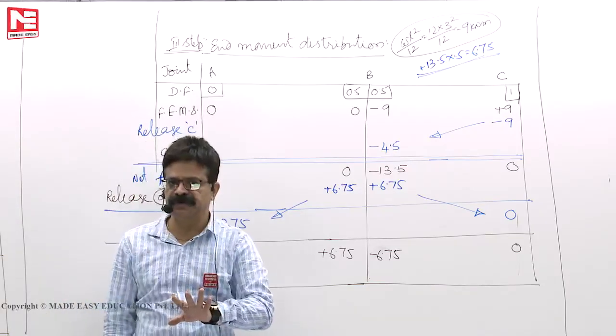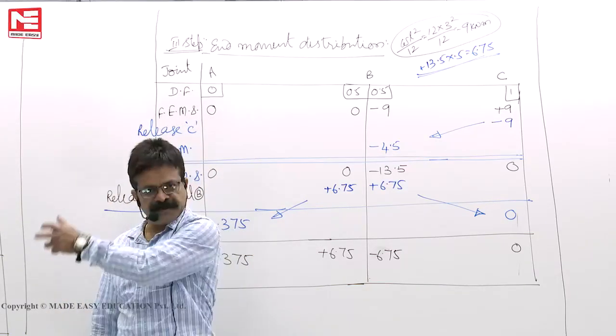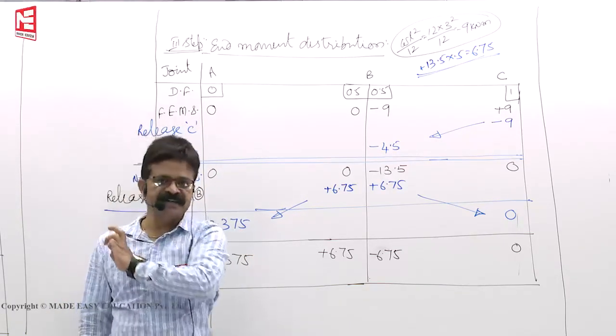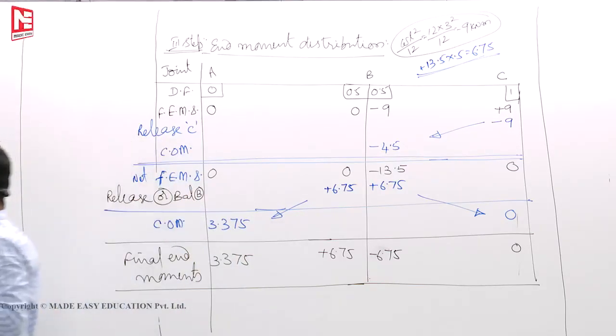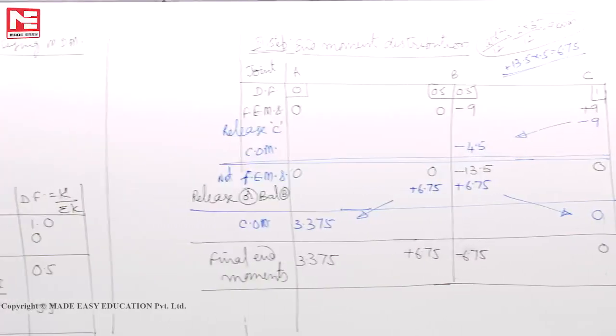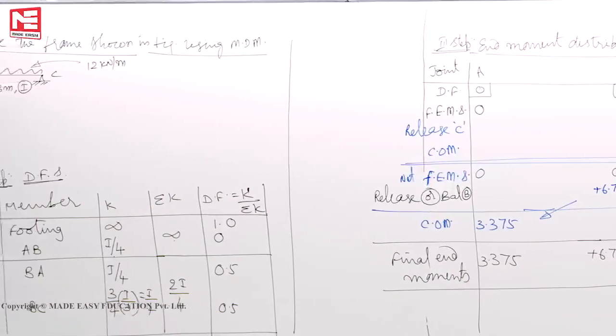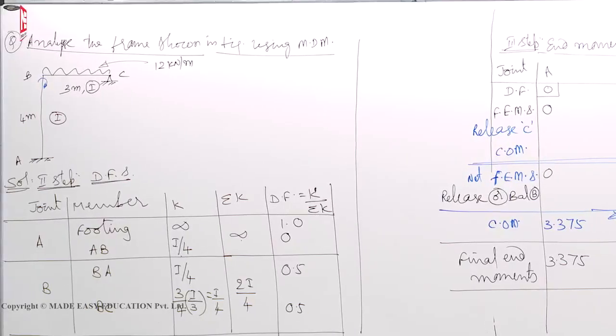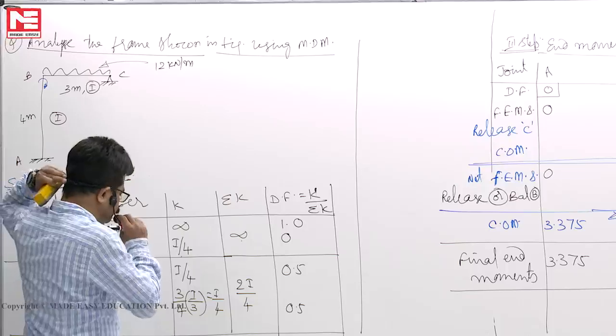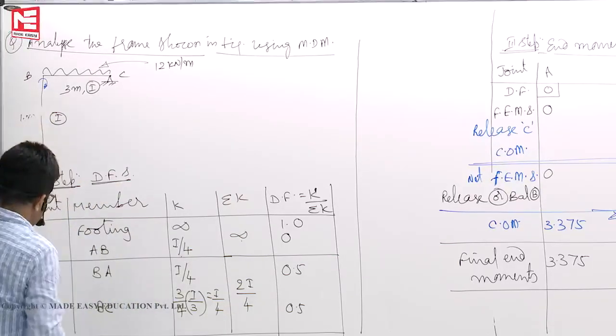Then you have to draw the free body diagram of each member to find what is the horizontal reaction, what is the vertical reaction, etc. Okay. Now let us see that part. Now this diagram I'll remove.